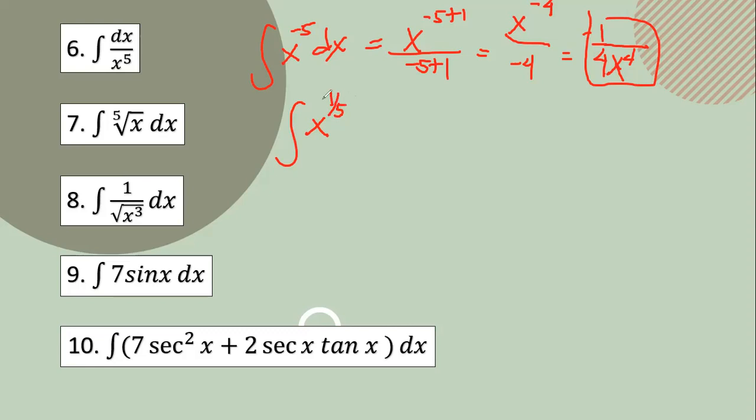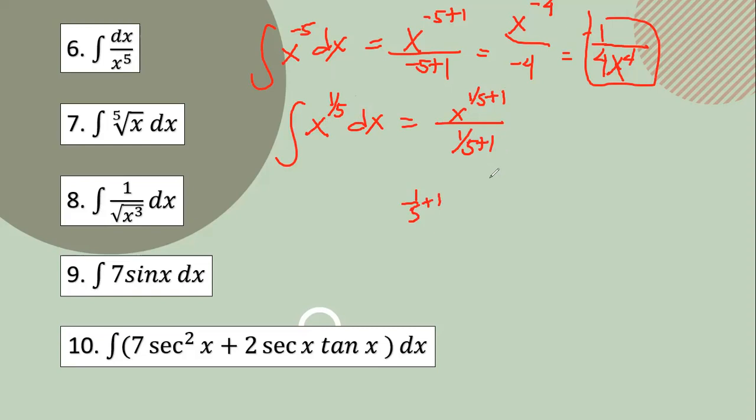So fifth root ay pwedeng i-rewrite as x raised to 1 over 5 dx. Again, apply the formula: x raised to 1/5 plus 1, over 1 over 5 plus 1. 1 over 5 plus 1 is 6 over 5. Tama ba?